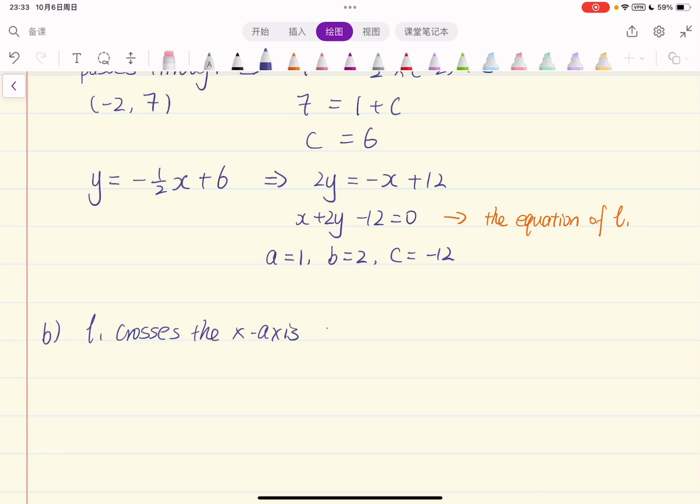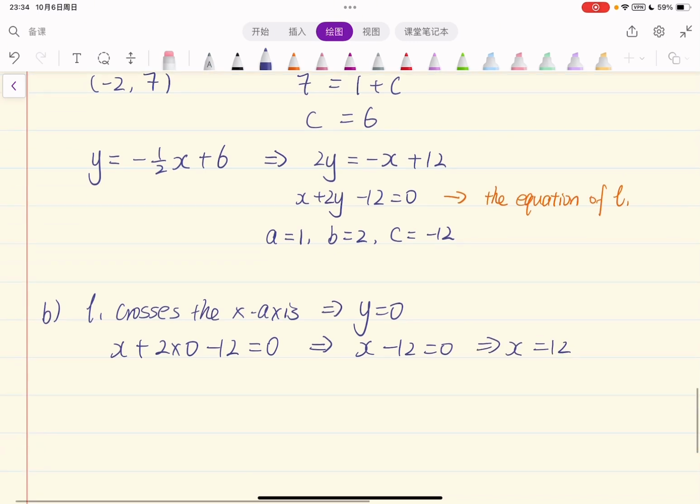It means y = 0. So we substitute y = 0 into the equation of L1. We have x + 2 times 0 - 12 = 0, which implies x - 12 = 0, so x = 12. Thus we get the coordinates of A, that is (12, 0).